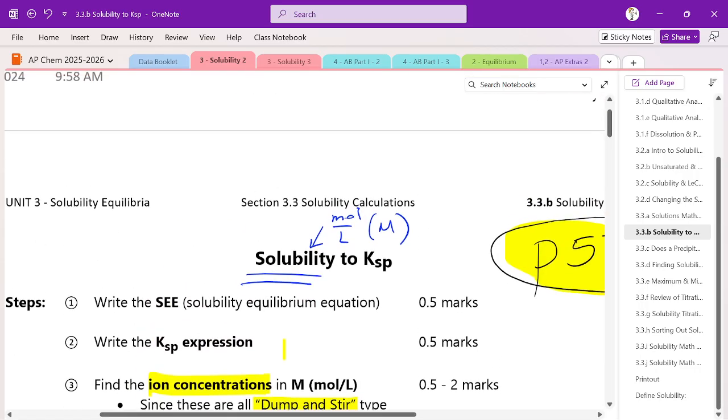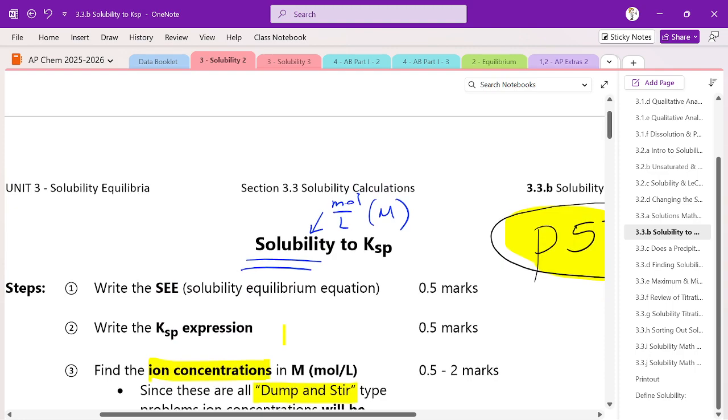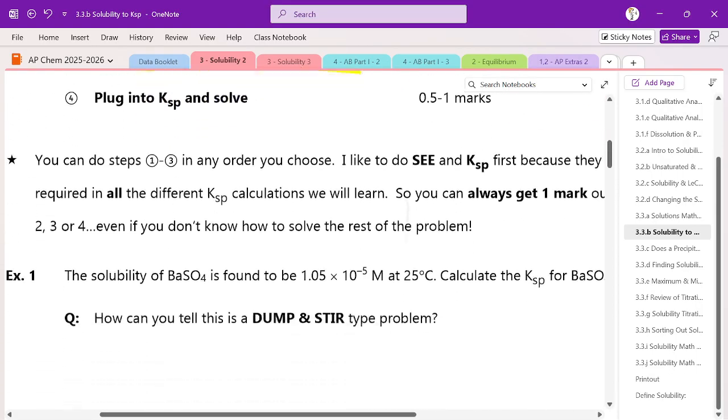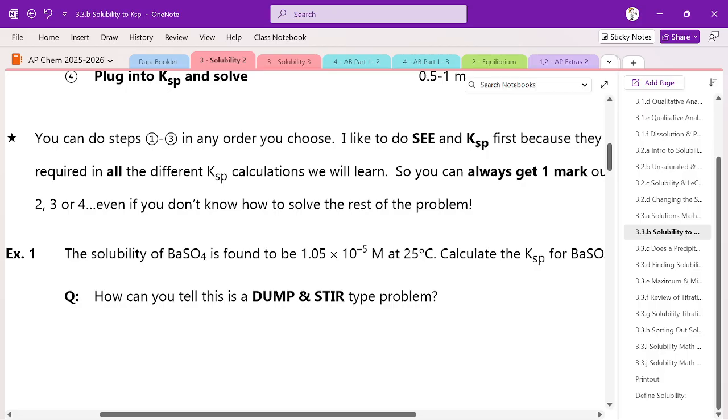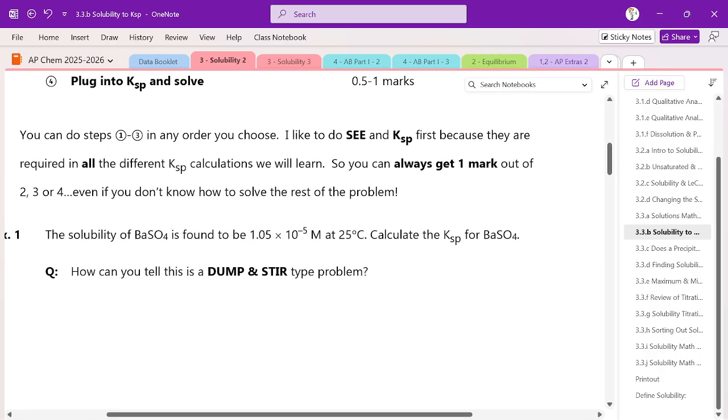Is this a solubility to KSP? Is it KSP to solubility? Is it will a precipitate form? I don't know, but I know I can write a solubility equilibrium equation and a KSP, and I've got 1 mark. Phew, right?